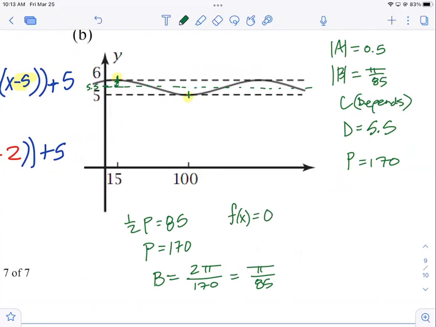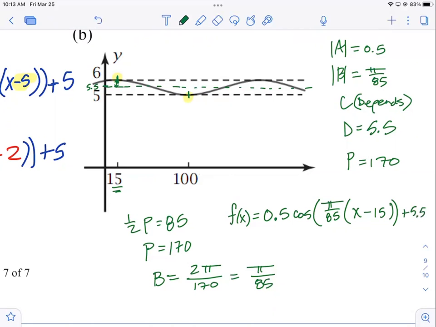So positive cosine is going to be positive 0.5, the amplitude, cosine, parentheses, the B value, pi 85ths, times parentheses x. And if I want to scooch over to 15, is it going to be x plus or minus 15 in the equation? Minus, good, opposite. And then close, plus 5.5.